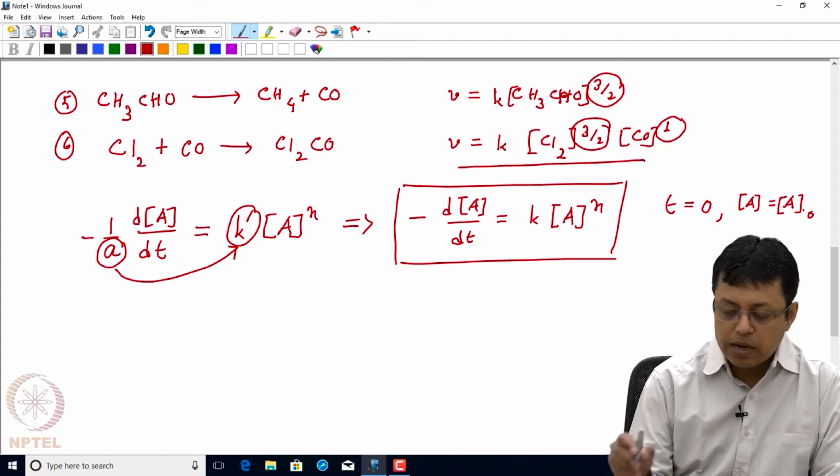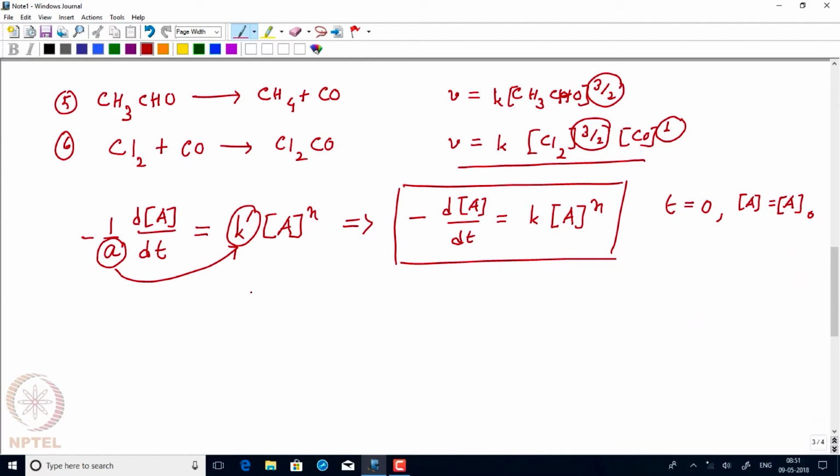Now we can integrate it, and I hope you have already studied the integration of the rate law. If n is equal to 1, which is known as a first order reaction, because it is raised to the power n, so the order of the reaction, as I have written inside the box, is nth order.